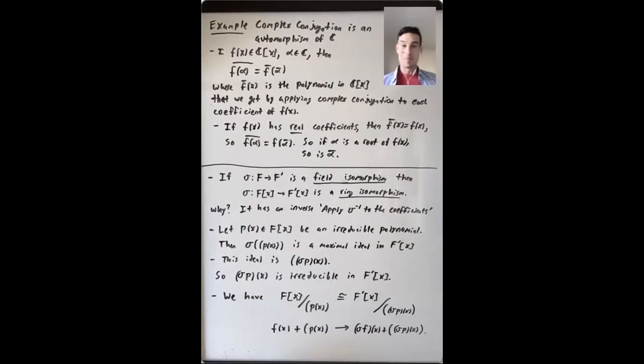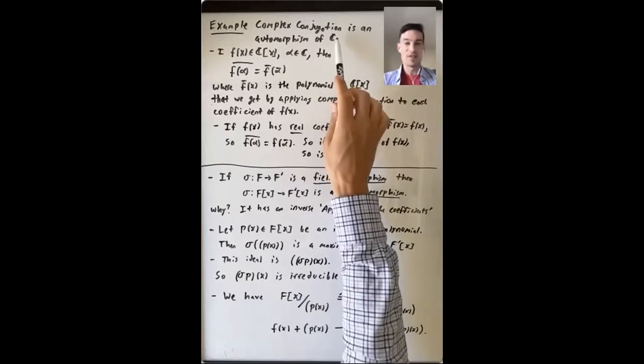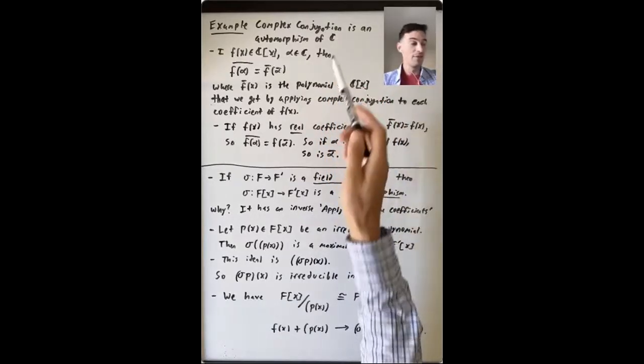Let's give an example of this applying sigma to the coefficients homomorphism. Complex conjugation is an automorphism of C, so it's an isomorphism from C to itself.